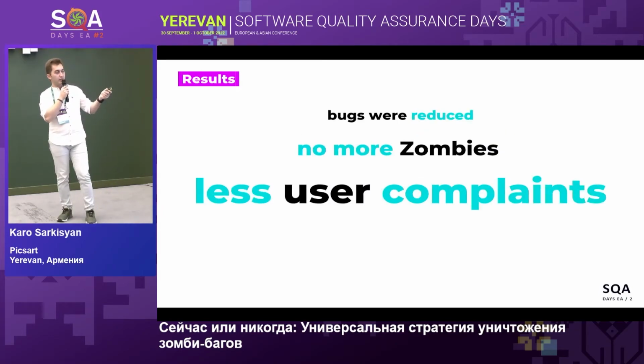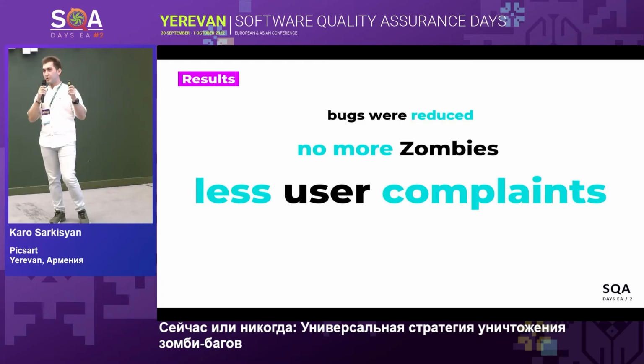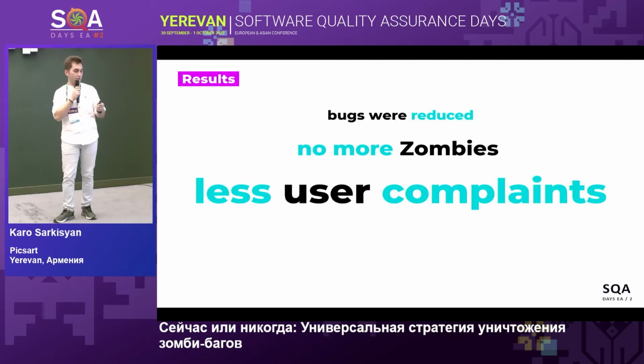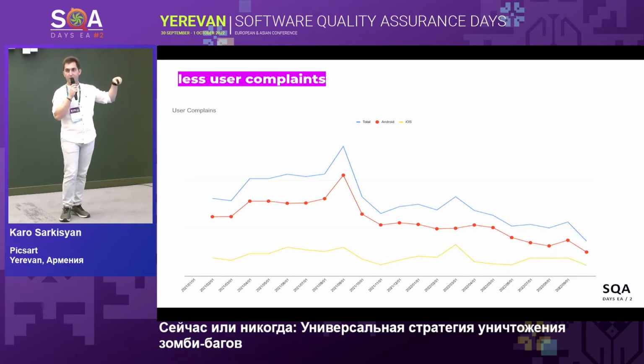Fewer user complaints. When we started to reduce our bug amount, a very important key success metric was the users' feedback, user complaints, and we found that by reducing the bug amount in our Jira, the number of user complaints was cut in half.